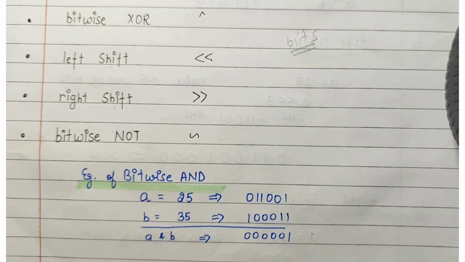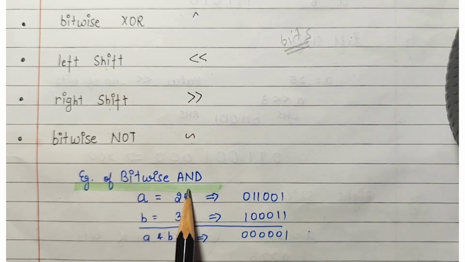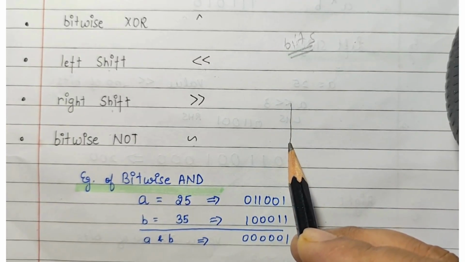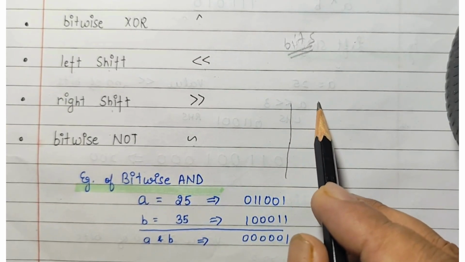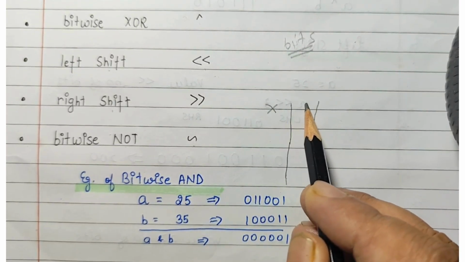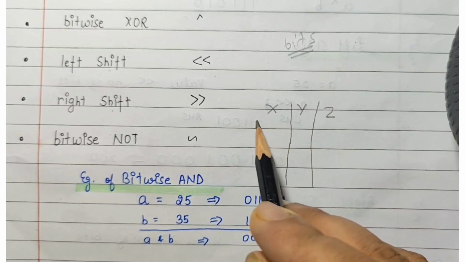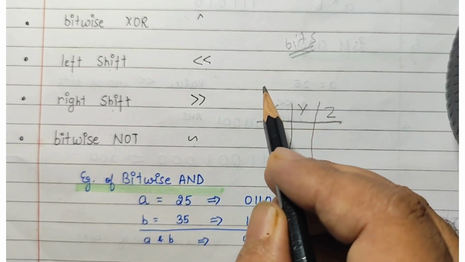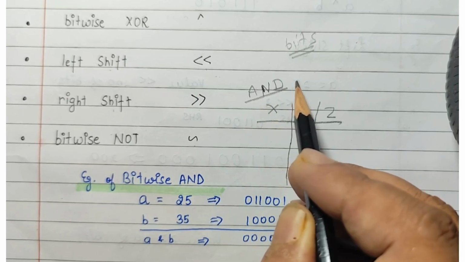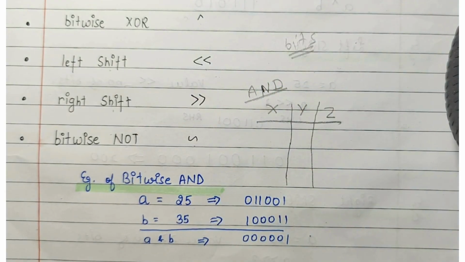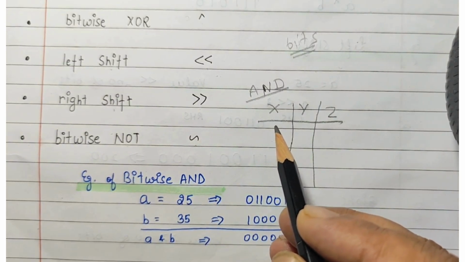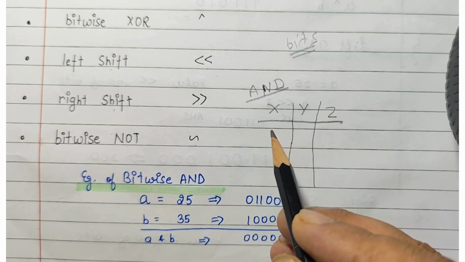First we discuss the bitwise AND operation. I hope all of you know about the truth table of the AND gate. Suppose here we have X and Y as inputs and Z is the output. If you have two inputs, how many combinations do we have?